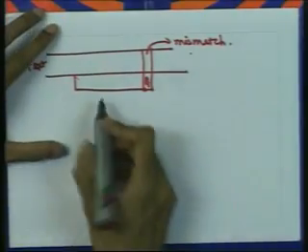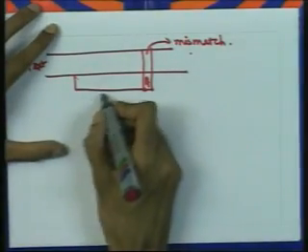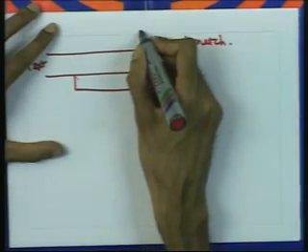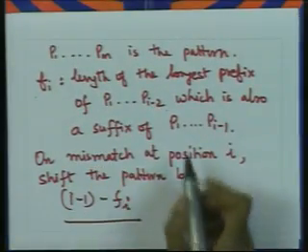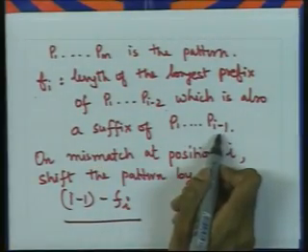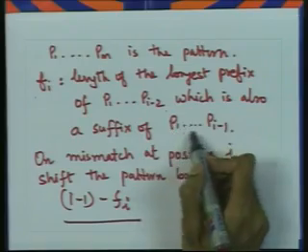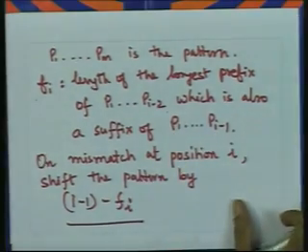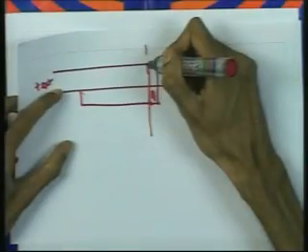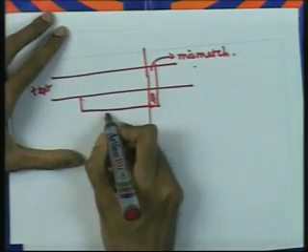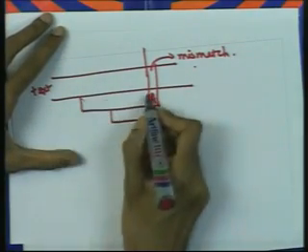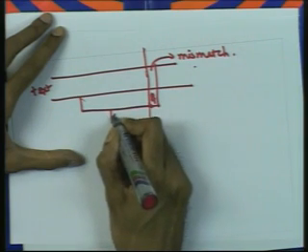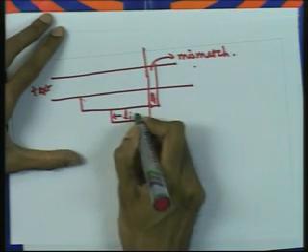So this is the string that I am considering now. I am only looking at P1 through Pi minus 1, right? The mismatch is at I, but I am looking at P1 through Pi minus 1. Good. So this is the string I am looking at, and I know which is the longest prefix of the same string, which is also a suffix. This I know has length Fi.